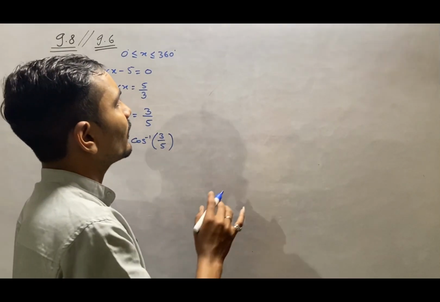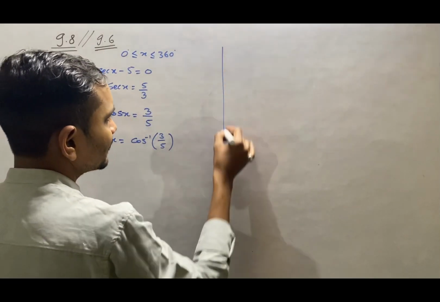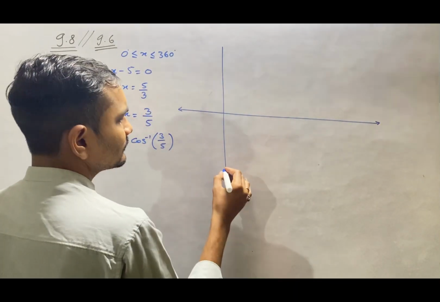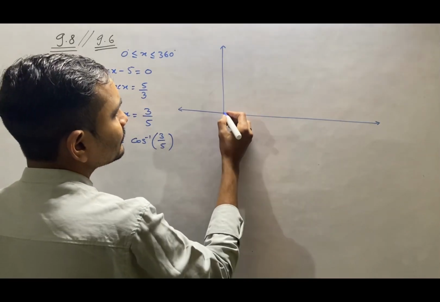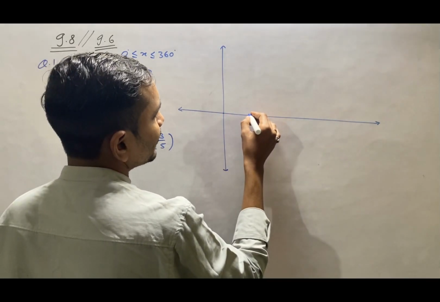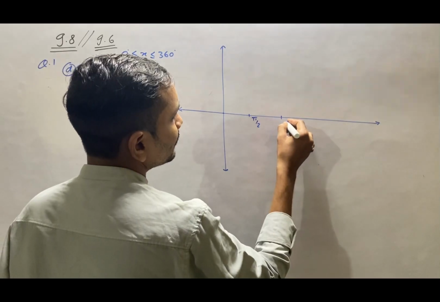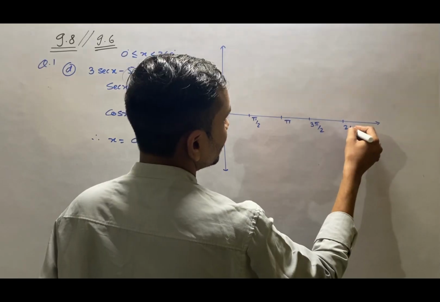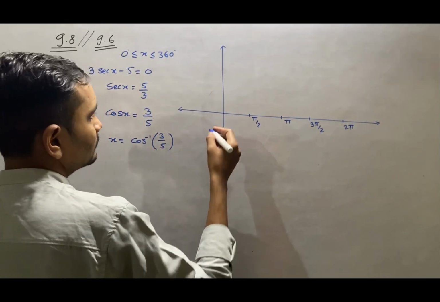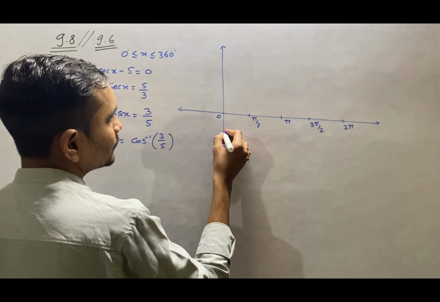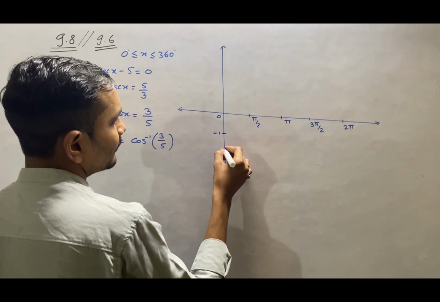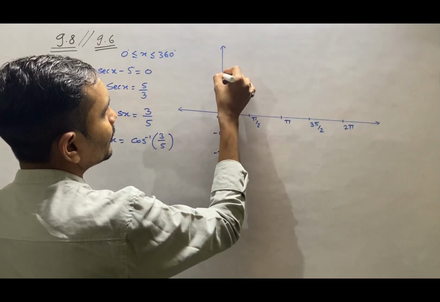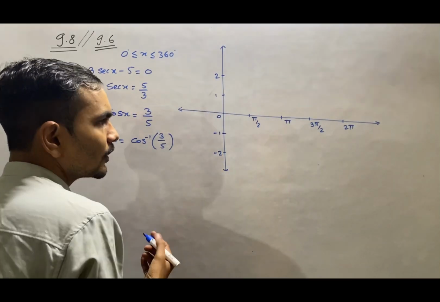So let's plot a graph for cos of x. 0, pi by 2, pi, 3 pi by 2 and 2 pi; values 0, negative 1, 1.